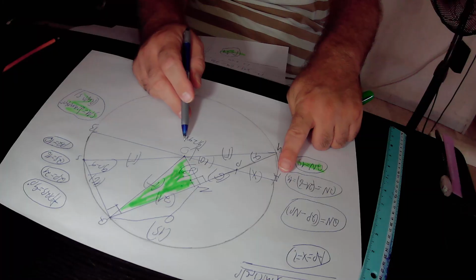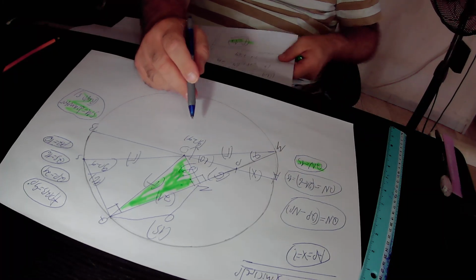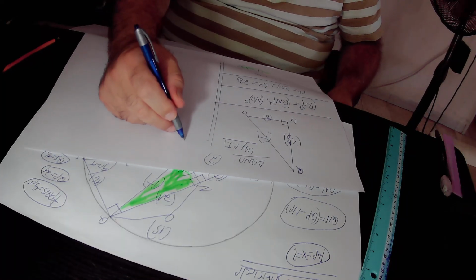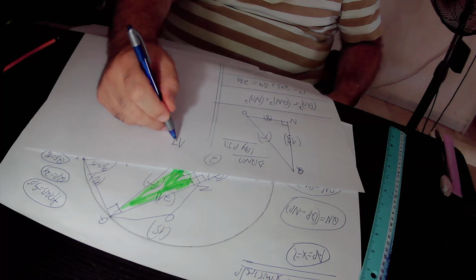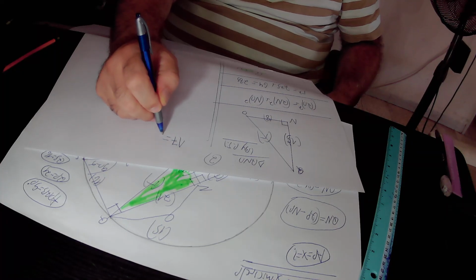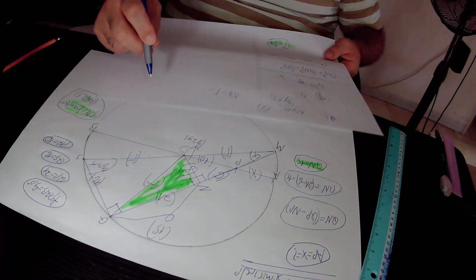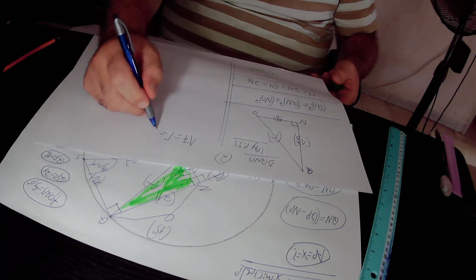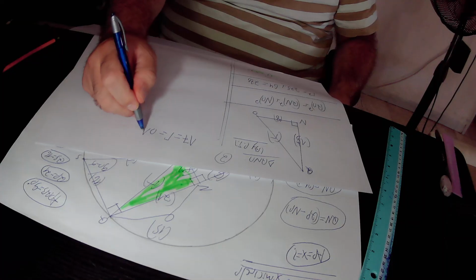OA is also a radius of this circle, equal to R, and therefore it equals 17 units in length.